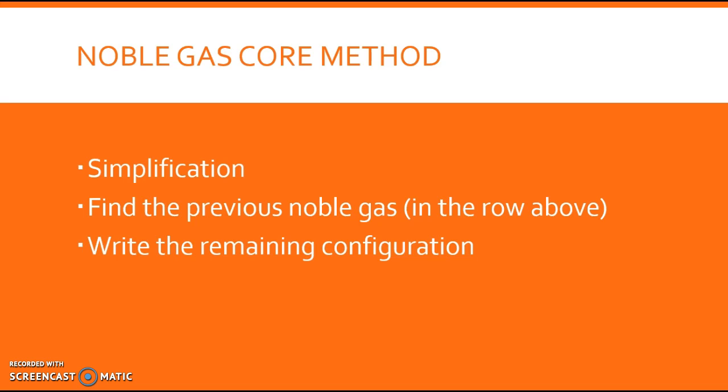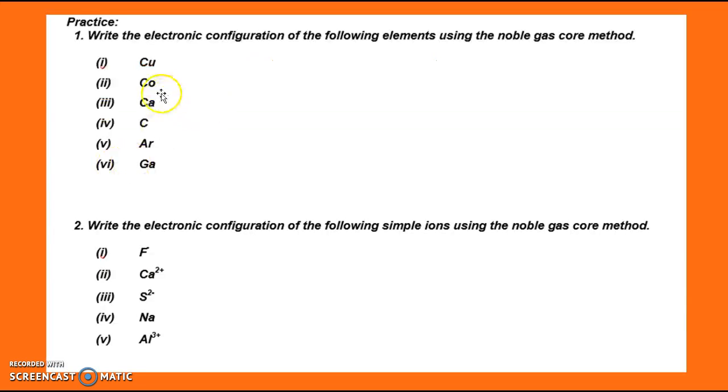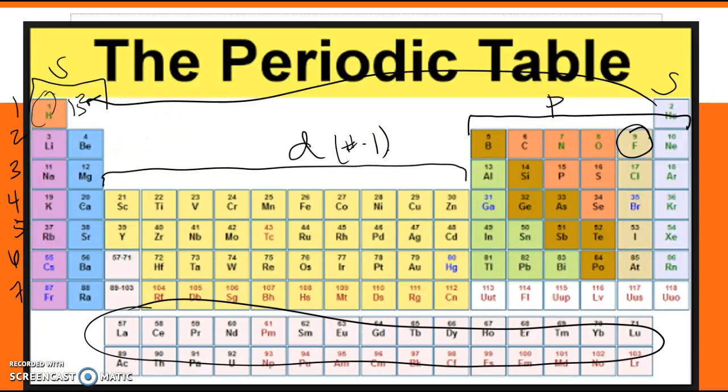configuration. Looking at an example here, we've got copper. I'm going to flip back to the periodic table and find copper. Copper's right here. To use the shortcut, you move up a row and go all the way over to the noble gas in that row. In this case, it'd be argon.